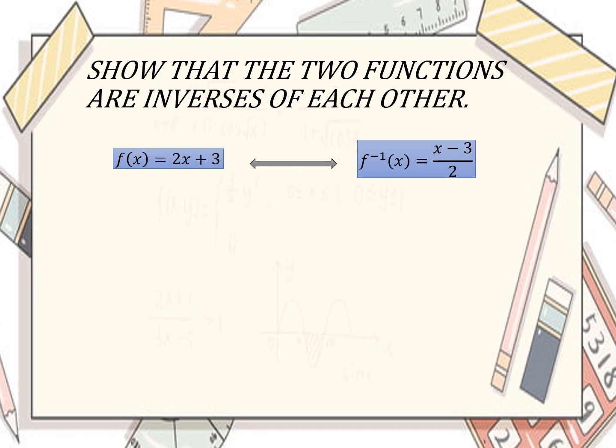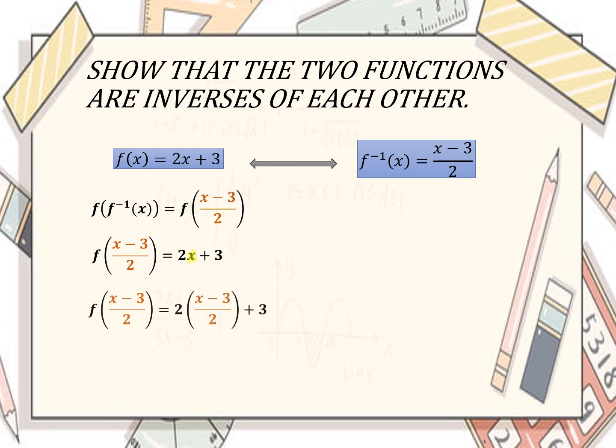So, now let's check if yung nakuha natin inverse function na (x minus 3) over 2 ay tama. So, gagawin natin, yung (x minus 3) over 2, siya ang magiging domain natin doon kay function f. So, si function f is equal to 2x plus 3. So, si x dito sa ating function f, papalitan natin ngayon ng inverse function. Okay, so substitute na natin.